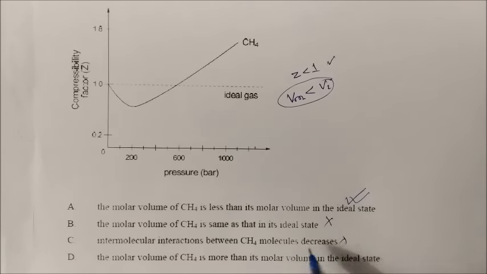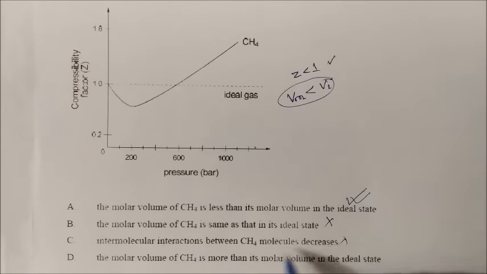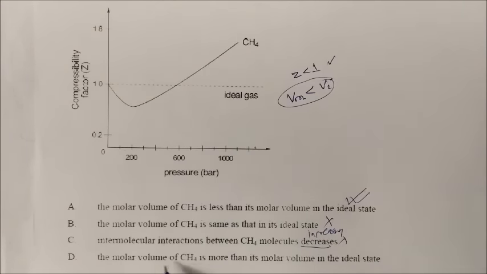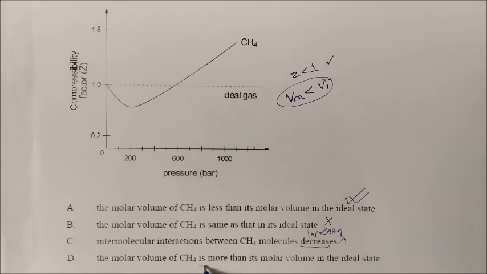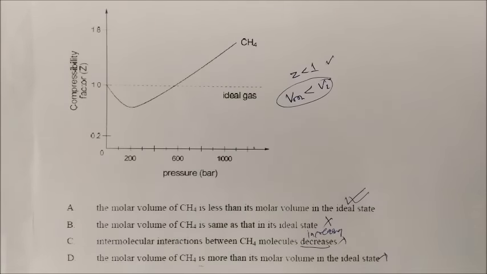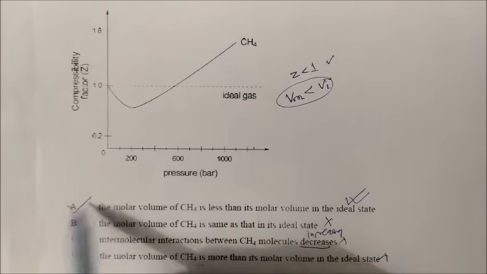No, it is increasing, not decreasing. The molar volume of CH4 is more than its molar volume in its ideal state. So this is wrong. It is not more than, it is less than. So this concept is again wrong. So only answer A is correct.